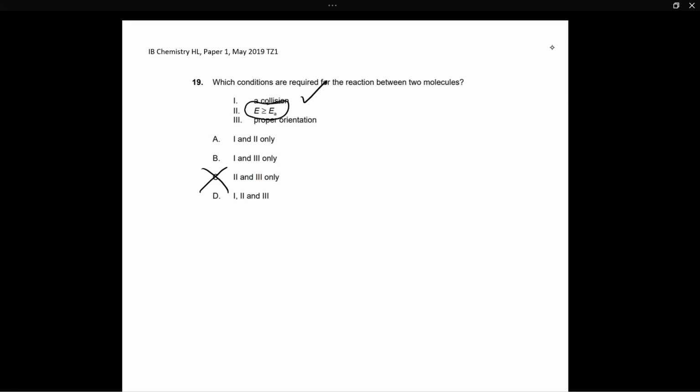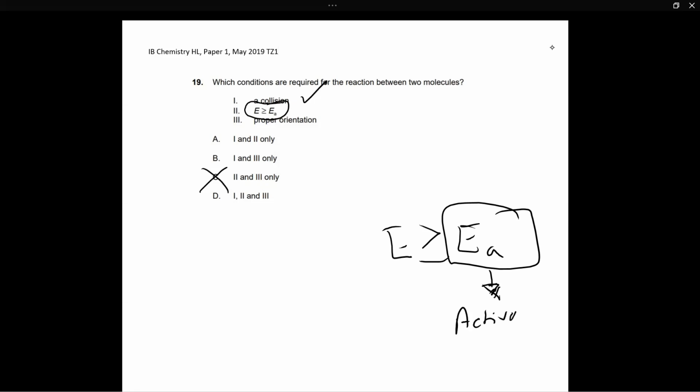Now, what is this over here? What is E is greater than or equal to EA? What are these weird symbols? EA, if you do not know, is activation energy. What is activation energy? Activation energy is the minimum amount of energy required for there to be a successful collision between two molecules.